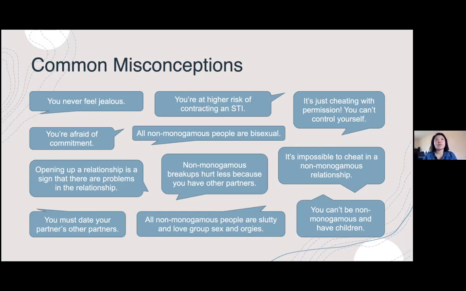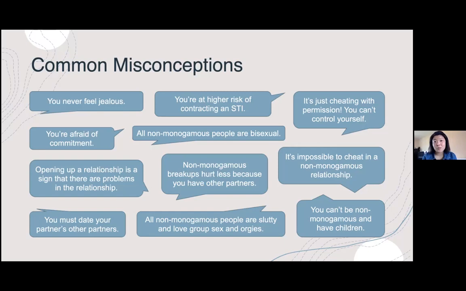And we have an agreement that if one of us wants to stop using condoms with other people, then we would have a discussion and change the agreement in that sense. Whereas if they went behind my back and had unprotected sex with someone else, didn't tell me about it and potentially exposed me to a risk, then I would feel very violated and I would feel cheated on.